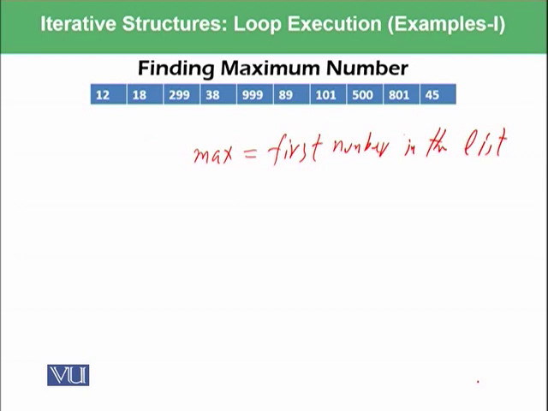Then the second value in the list is assigned to current, the value which we want to compare. So max has 12 at the moment and current has 18, and we will compare 12 with 18, and if max is less, then the current value will be assigned to max and we will move forward. And until when will we do this procedure? Until we have the list.